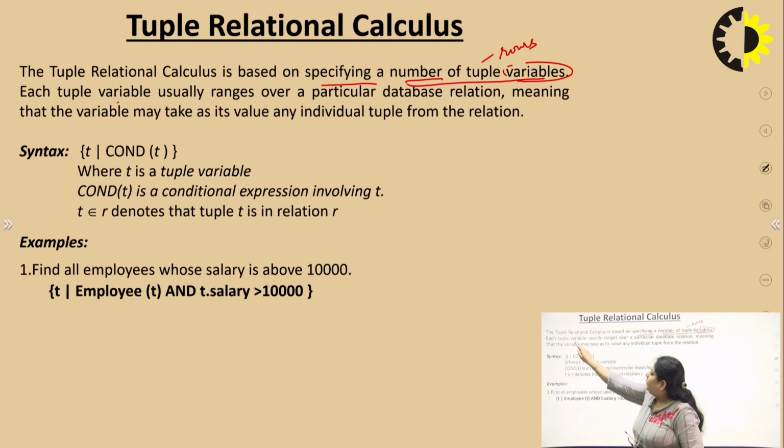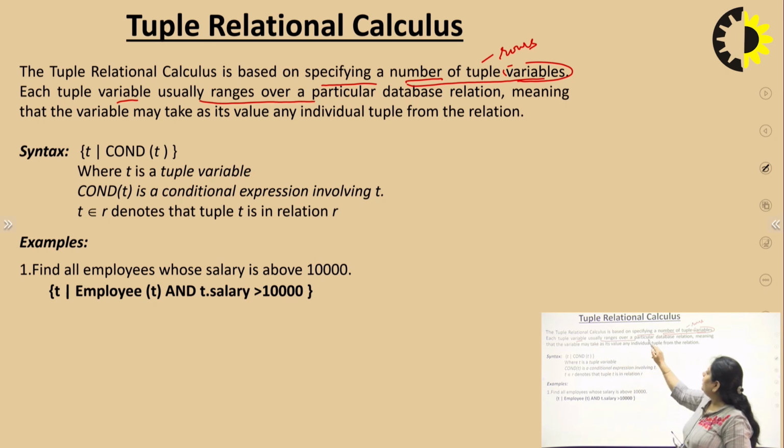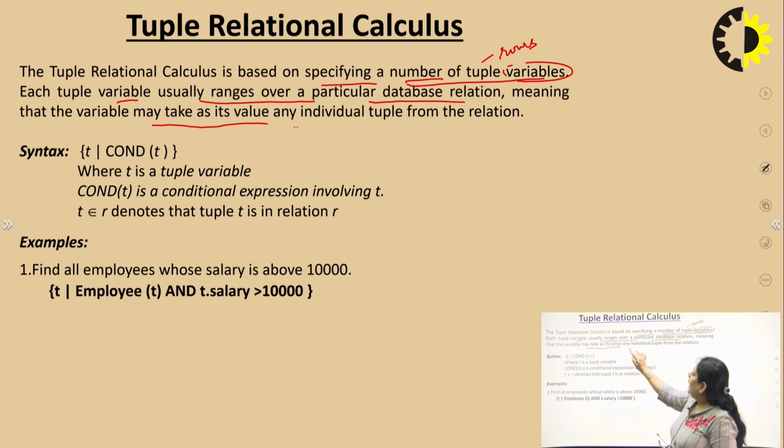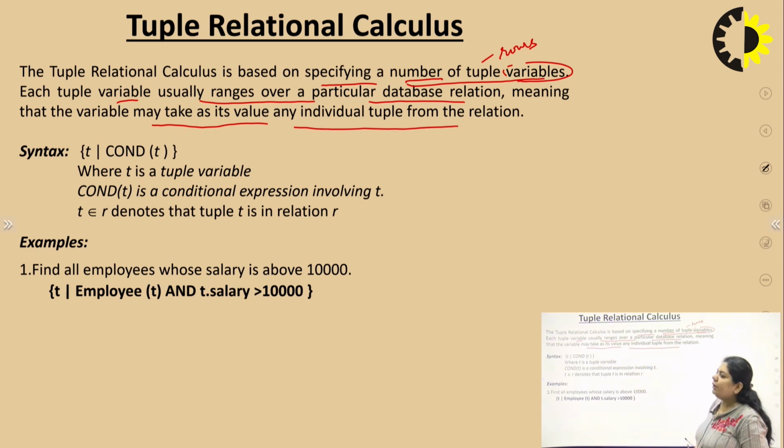Each tuple variable usually ranges over a particular database relation. That means each variable ranges over the rows of a table, or the tuples in a database, so the variable may take as its value any individual tuple from the relation.